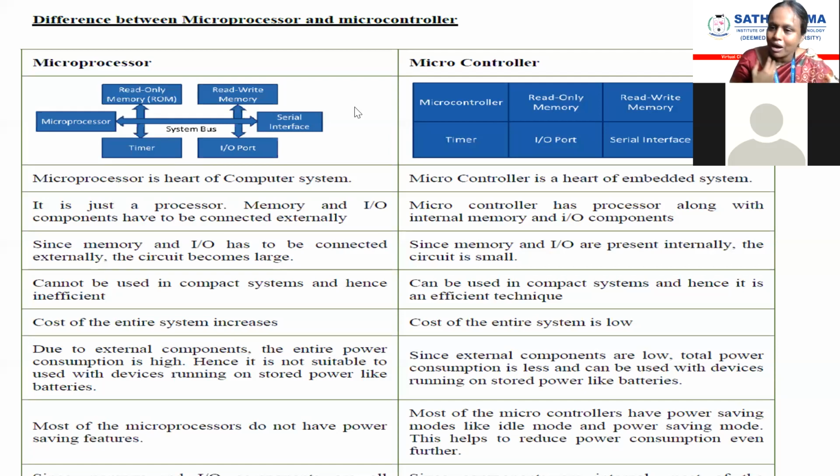We have studied the PPI, programmable peripheral interface, the timer unit, the keyboard interfacing. For each and every IC, if my microprocessor wants to communicate with my peripheral device, I need an interfacing IC.